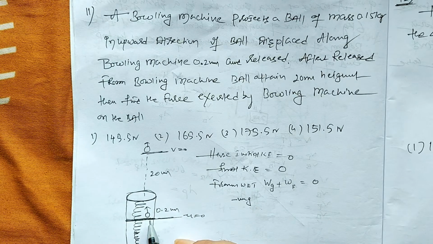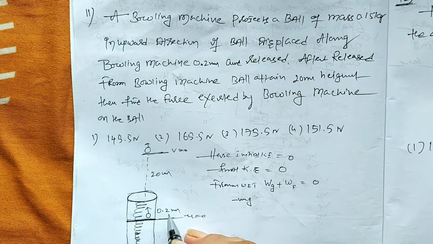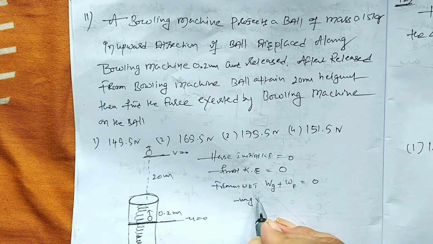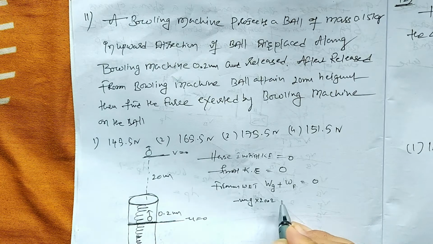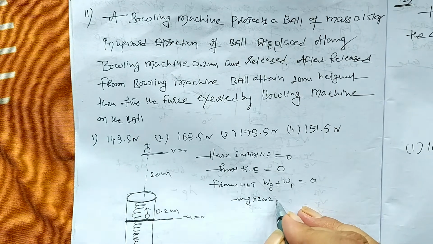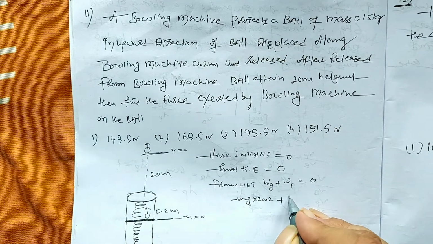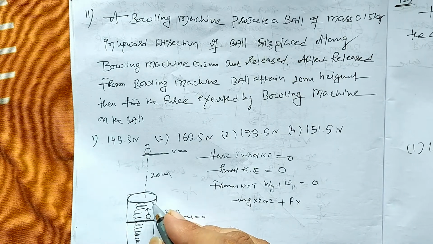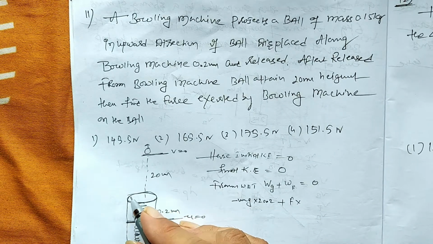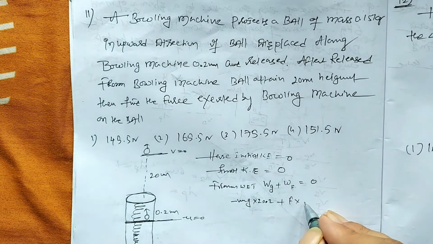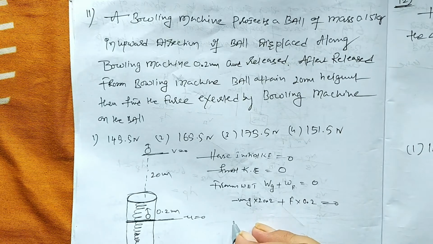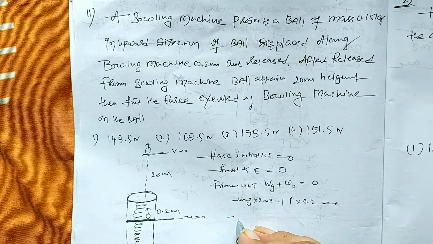The ball rises from this point to this point, so total height is 20 plus 0.2, 20.2. Plus work done by machine force, force into displacement. The displacement of the ball here is 0.2 meters. Right, here g value is 10.